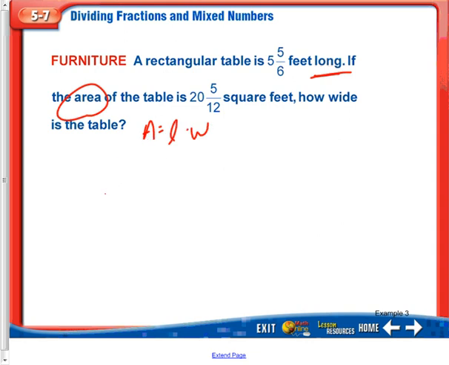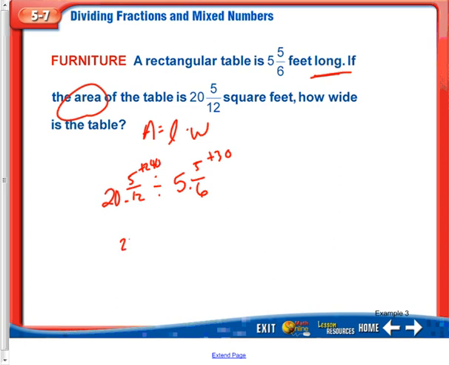So I'm going to go with 20 5/12 divided by 5 5/6. So let's multiply this whole number times the denominator. Well, 2 times 12 is 24, so we got to add 240. And 5 times 6 is 30, so let's add 30.